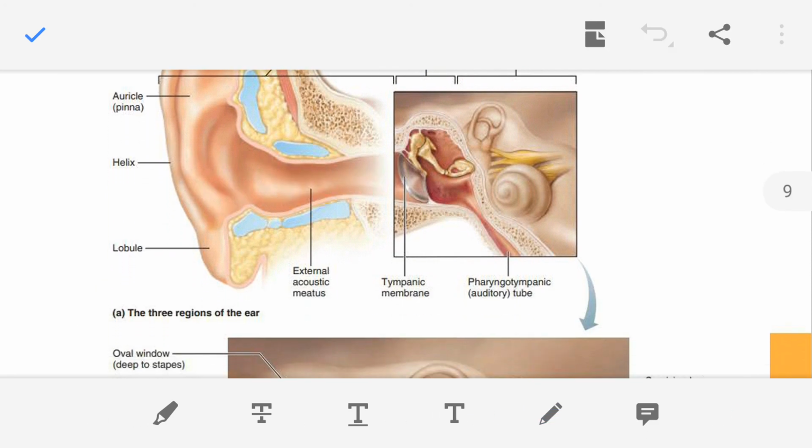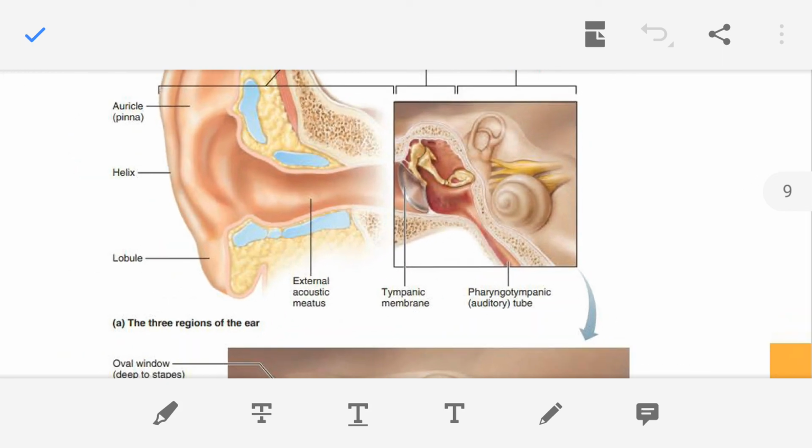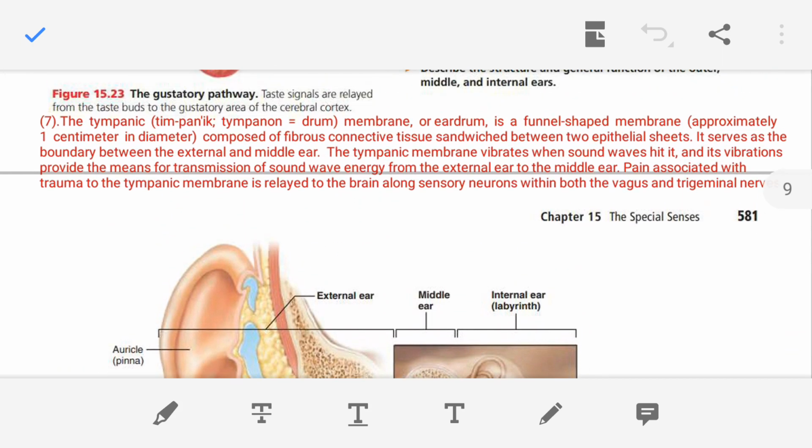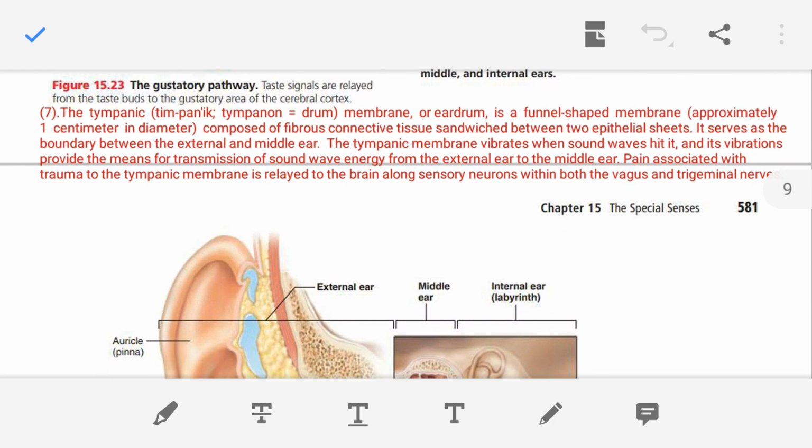When the sound wave strikes it, the tympanic membrane vibrates, and the energy of the sound wave is channelized to these three bones of the middle ear.